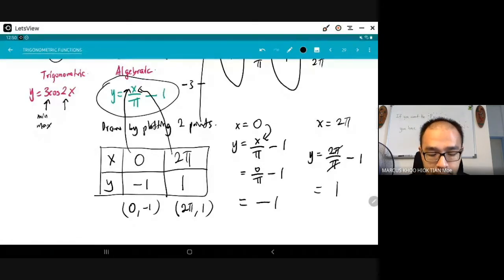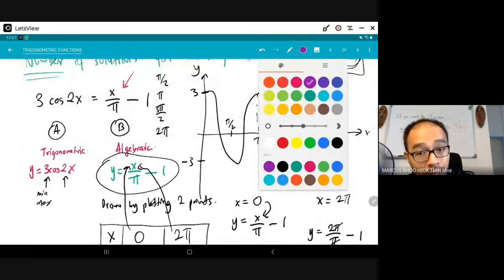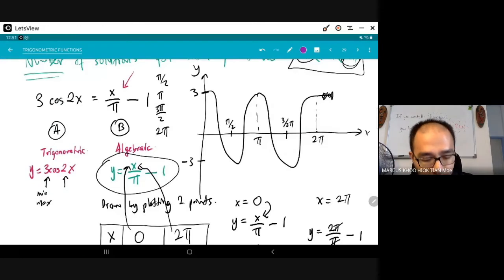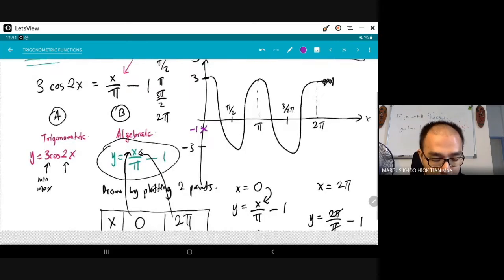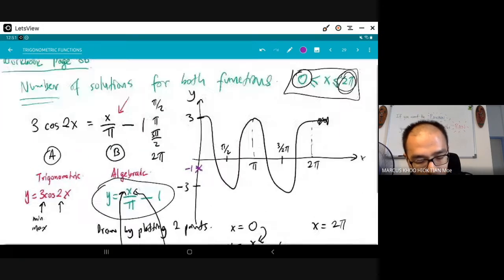Let's plot this. We have 0 and -1. We can estimate, although the book over there very nicely gives it to you. So 0, -1 is maybe somewhere here. I'm going to plot this over here, that is the first coordinate. The second coordinate is 2 pi and 1. I'm going to plot 1 over here, and 2 pi is here.